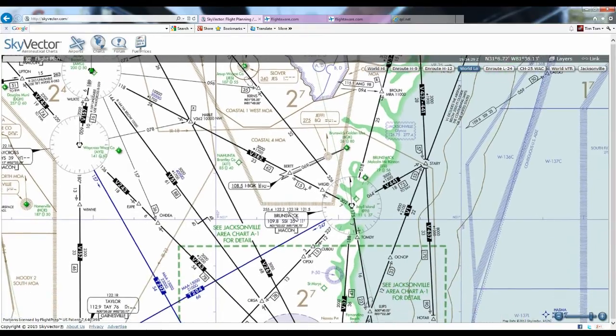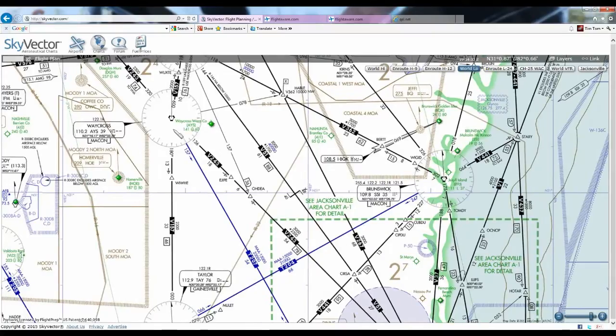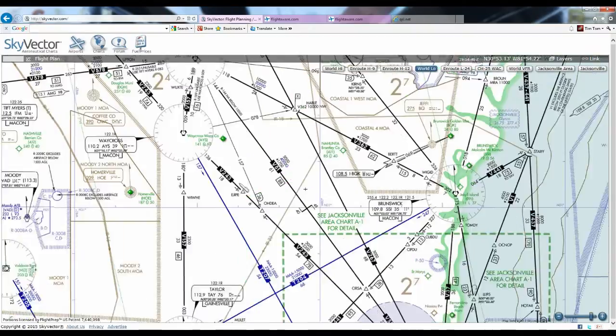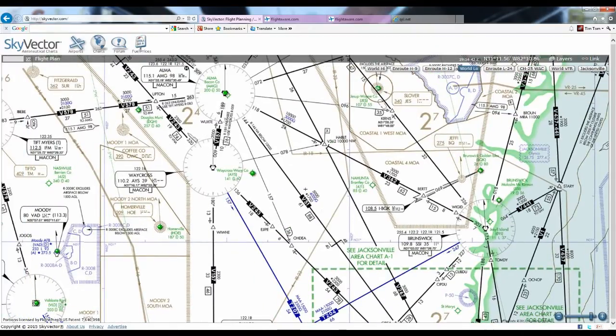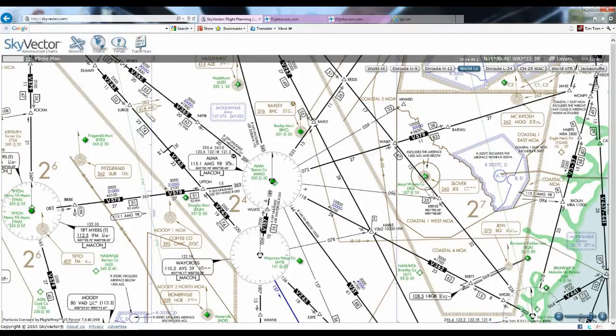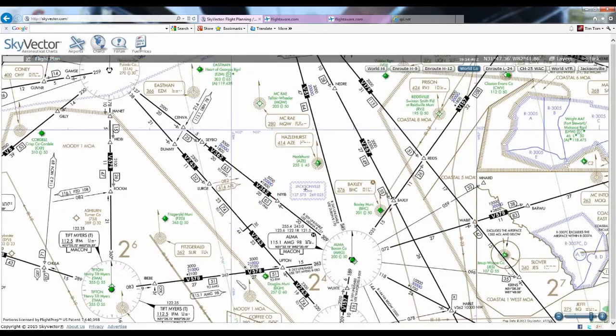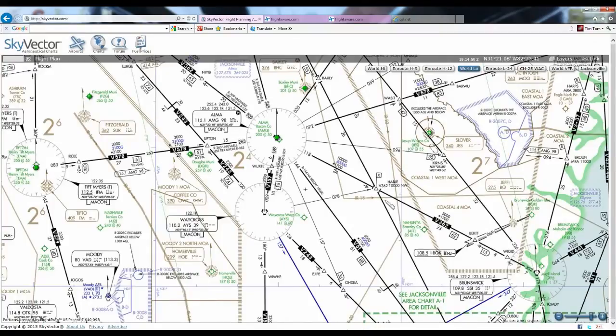And you can tell this because if you look at every other airway, let me find an example. Here, Victor 243, it's 3,000 between Craig and Waycross, but it's 2,300 between Waycross and Vienna. And how I know that there's no barbs drawn is because it's implied at the VORs.